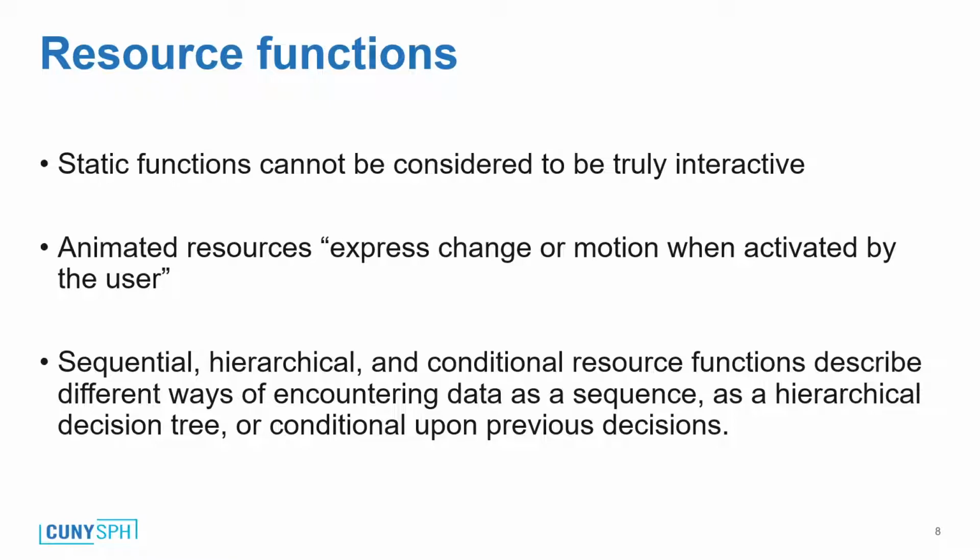As I said, the static function cannot really be considered truly interactive, but as the theory says, even a static image, if you have spent so much time or it is complex enough, you are going to have some kind of interaction. Animation is that change of motion, and the sequential and hierarchy describes that basically we are having real interaction.